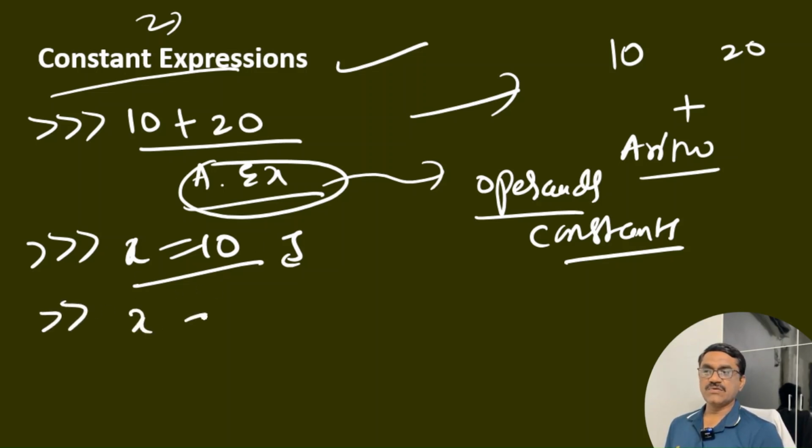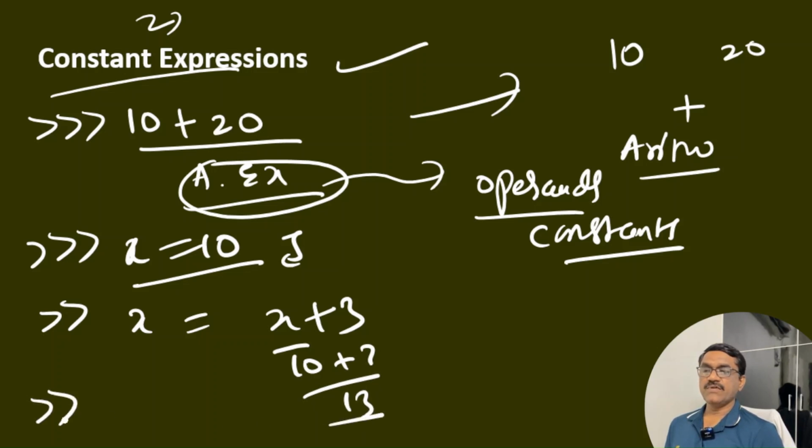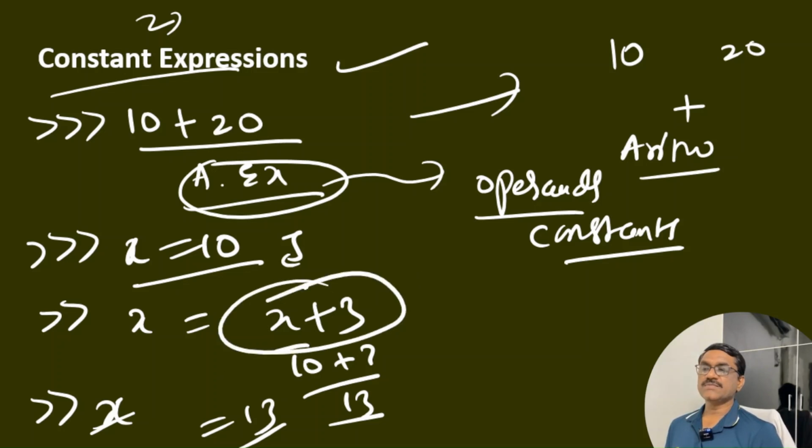If I say x equals x plus 3, in this case x value is 10 and plus 3, how much? 13. So now when you say x, we are going to obtain the result 13. This is an expression. An ordinary statement is different from an expression. Why? Because an ordinary statement doesn't give any result, whereas an expression is evaluated and finally gives some output. That is the difference between a statement and an expression.